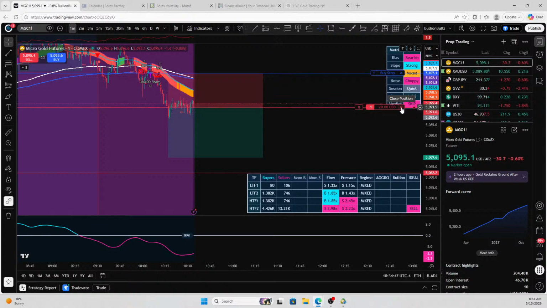Yeah, pressure is going to be the key component that we use to close trades early.